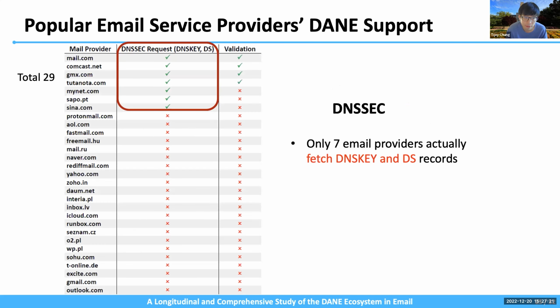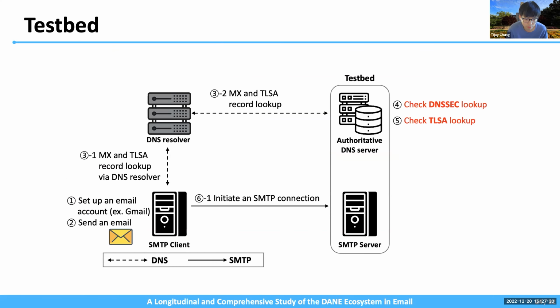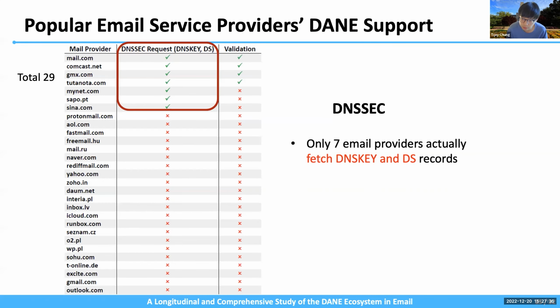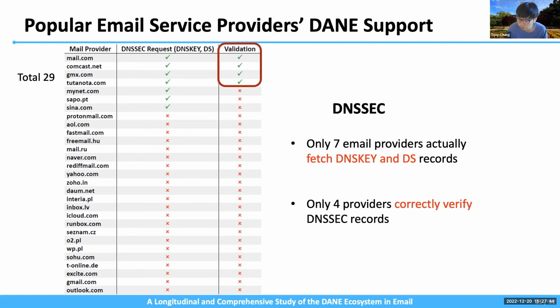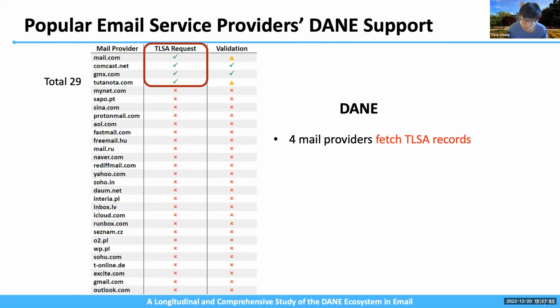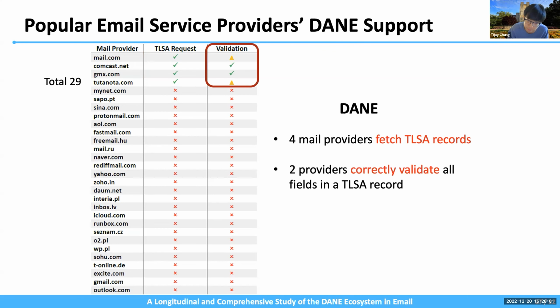And there are only 7 email providers out of 29 that actually fetch DNSKEY and DS records, which means they seem to support DNSSEC, but only 4 correctly verified the DNSSEC records. 23 mail providers support STARTTLS, but only 4 of them fetch TLSA records, which means that for outgoing emails, they try to support DANE.